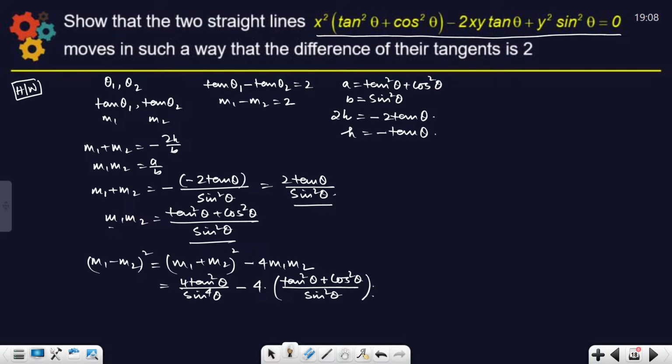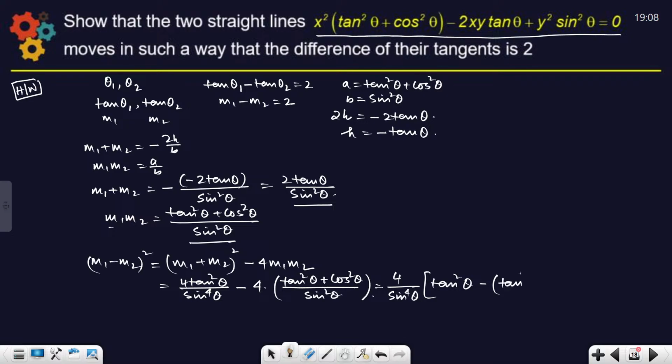Right? So let me take 4 over sine to the power 4 theta common. So what are we left with? Tan square theta over here minus... the 4 I have already taken common, and this sine square theta will come.